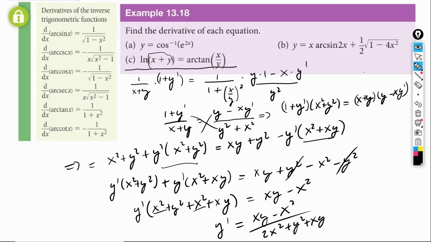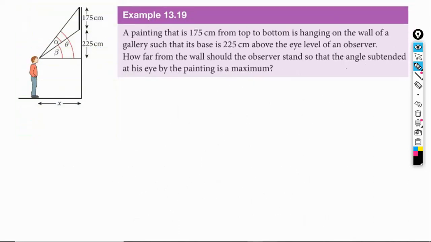Very well, so here we are now on example 13.19, and it says, a painting that is 175 centimeters from top to bottom is hanging on the wall of a gallery, such that its base is 225 centimeters above the eye level of an observer.